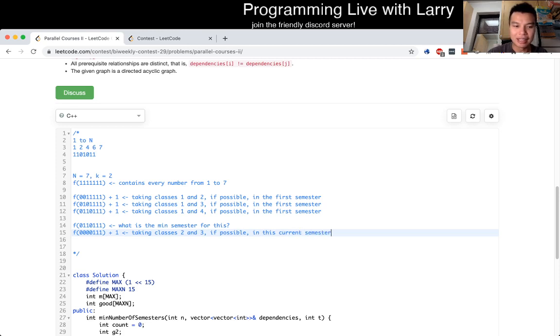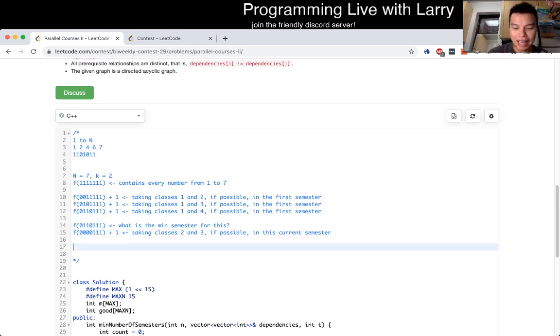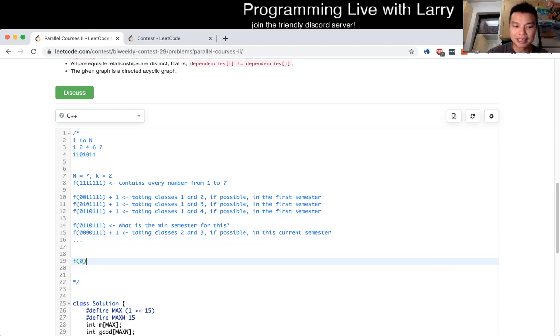And again, that's how you do the recursion all the way back down to 0, which is your base case, meaning all 7 zeros, no classes left, yay. And that is just equal to 0, right? So f of 0 is 0 because when you have no more classes left, you don't have to take a semester. So that's kind of the recurrence.